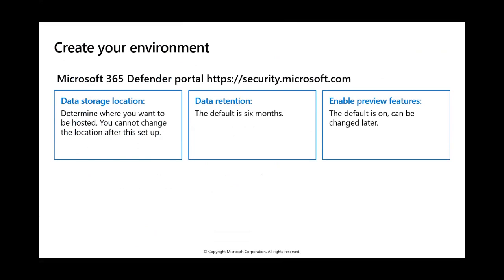This is where we can start being curious and clicking until the data storage location. We're going to determine where we want to be hosted. We cannot change the location after this setup, so this step is important.